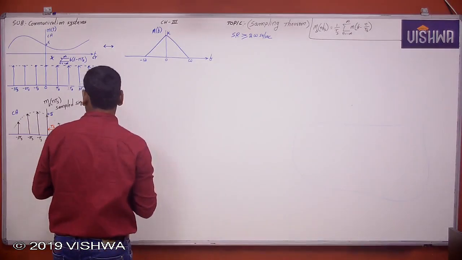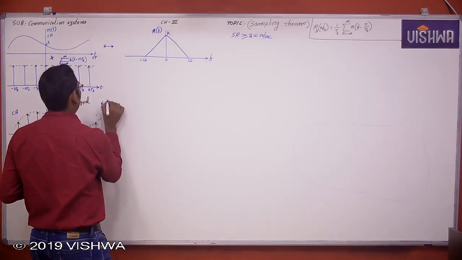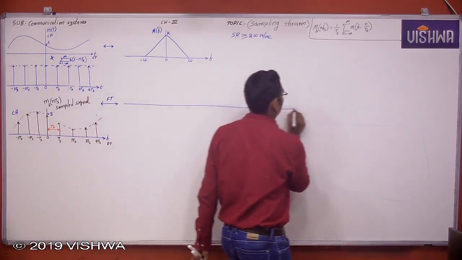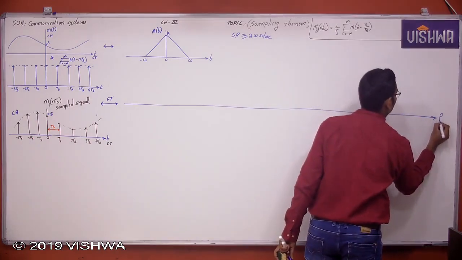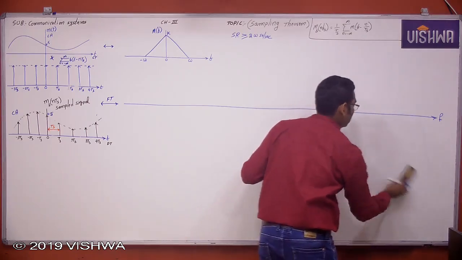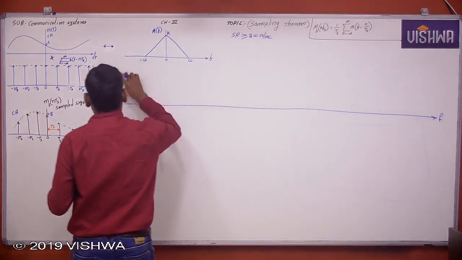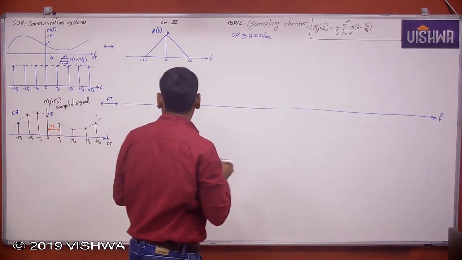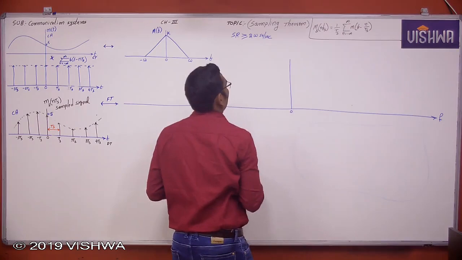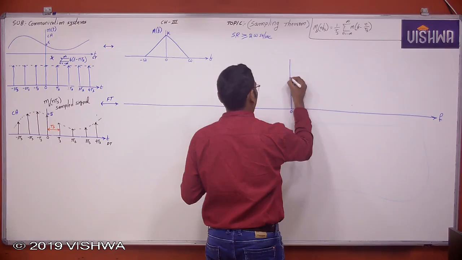Now this is a sample signal, whose Fourier transform is? When n equal to 0, this is M of f.